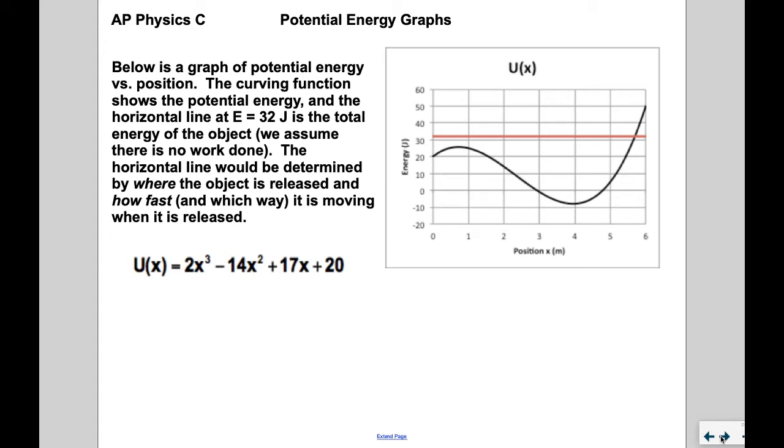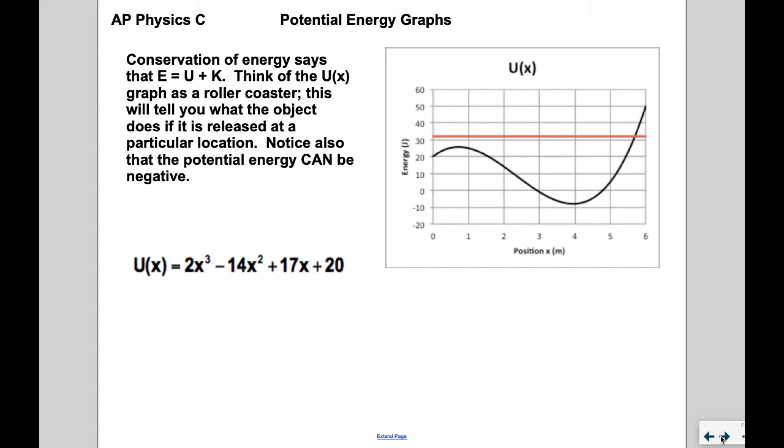This tells us what the potential energy of any object would be based on its horizontal position x. In this case, 2x cubed minus 14x squared plus 17x plus 20. U of x is in joules and x is, in this case, in meters.